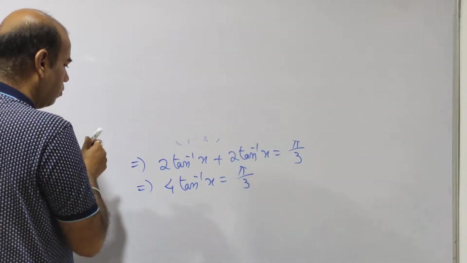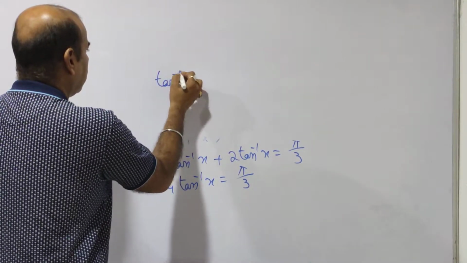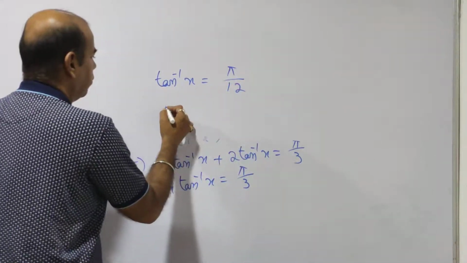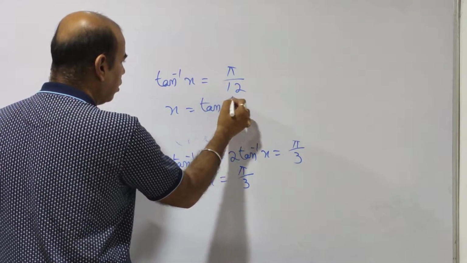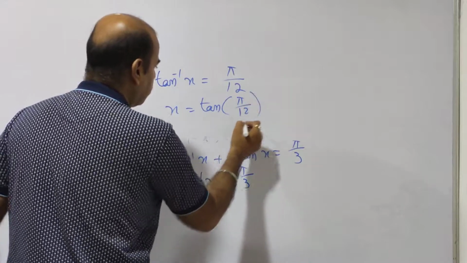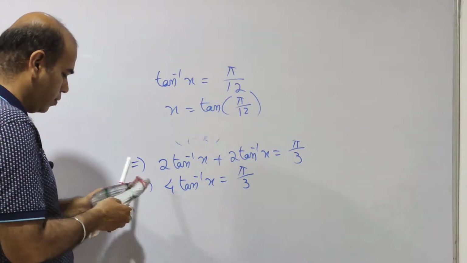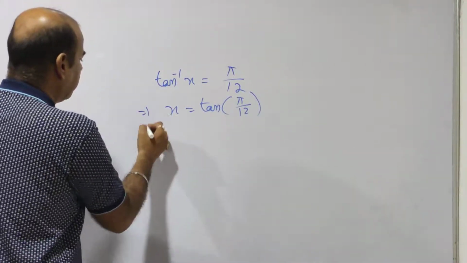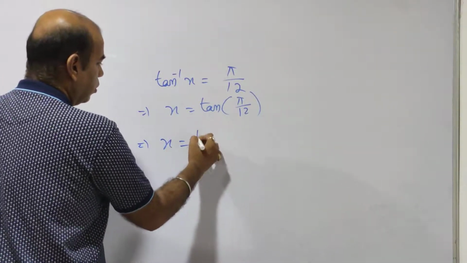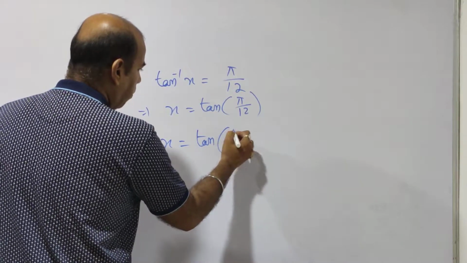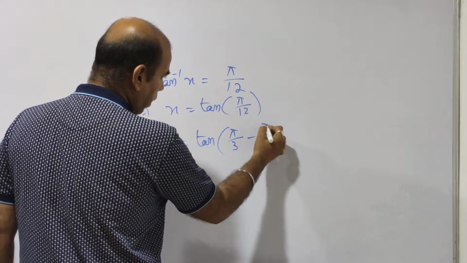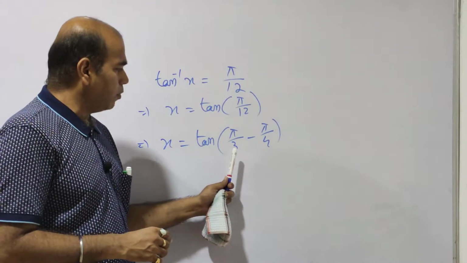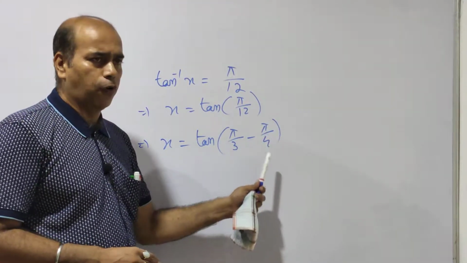Now tan inverse x equals pi by 12. So x equals tan pi by 12. Now what happens? x equals tan of pi by 3 minus pi by 4. I have split this into the form pi by 3 minus pi by 4.